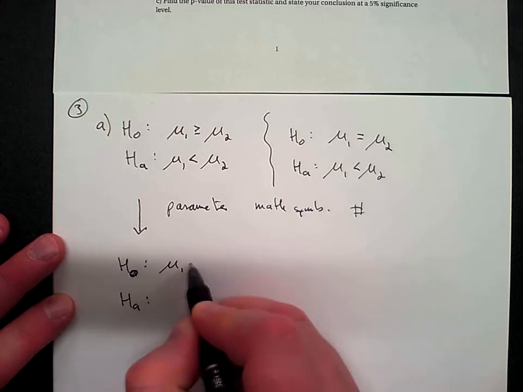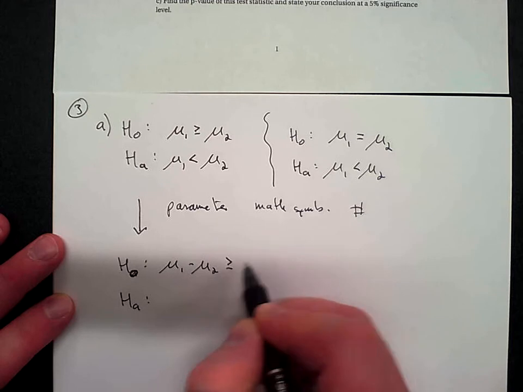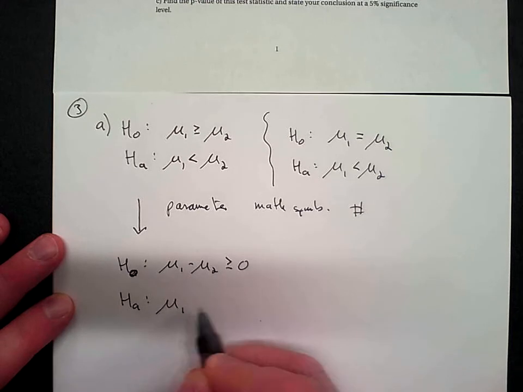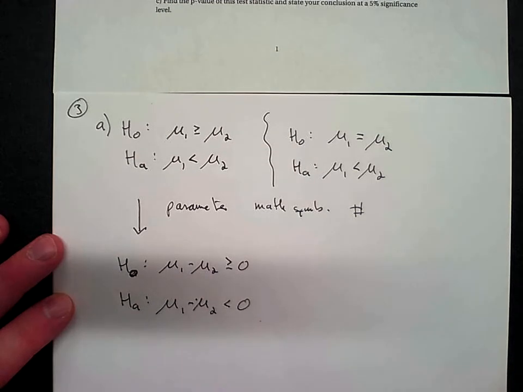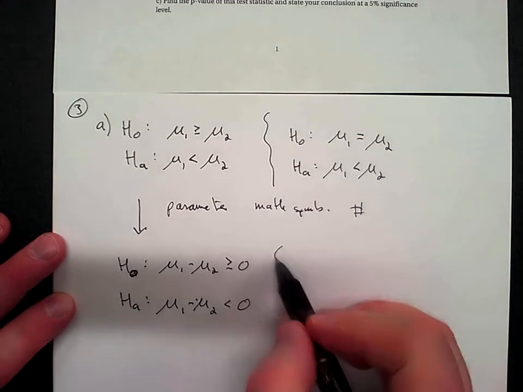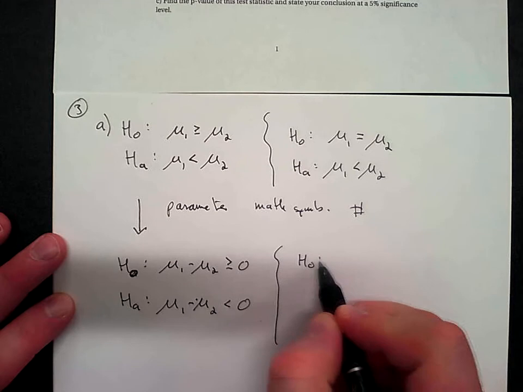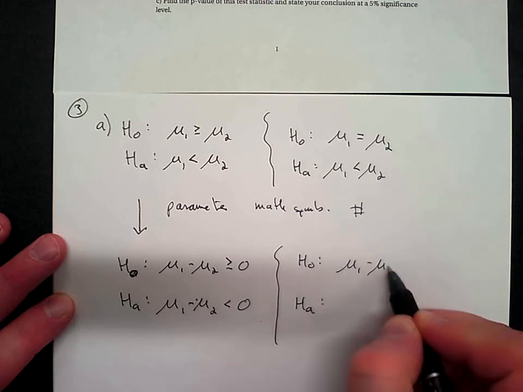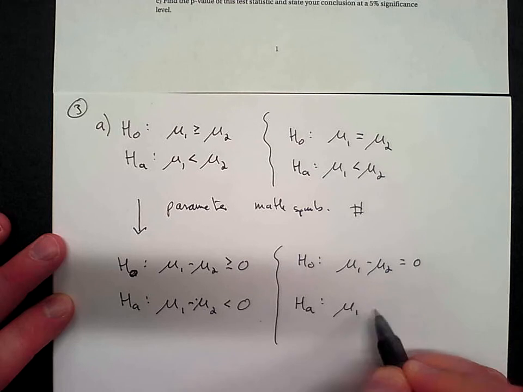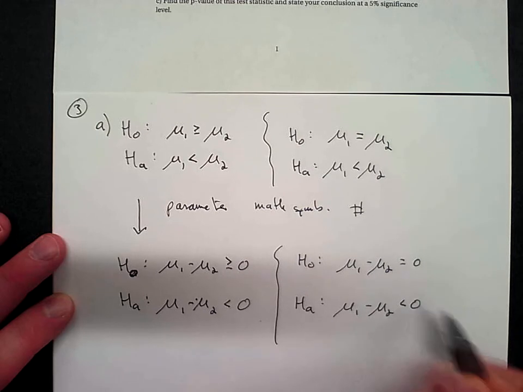So then we're going to get mu1 minus mu2 is greater than or equal to 0, and mu1 minus mu2 is going to be strictly less than 0 for our alternative hypothesis. Or similarly, if we went with these hypotheses over here, we have mu1 minus mu2 is equal to 0, or mu1 minus mu2 is strictly less than 0.